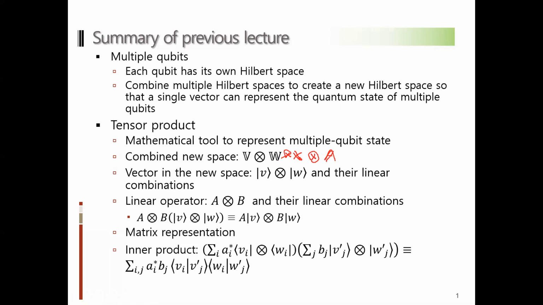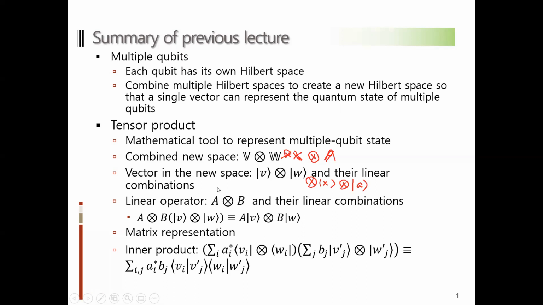Then the vector in that new vector space should also be expressed in this way, something like x and then another vector like a or whatever. And then we can also think about the linear operator acting on that vector space.